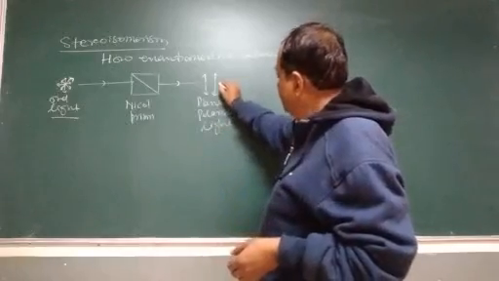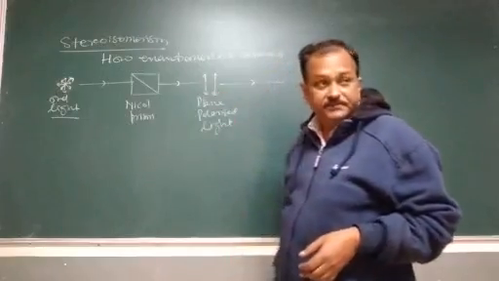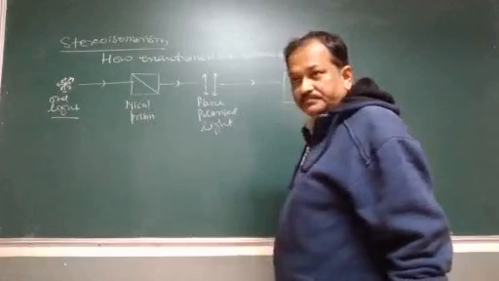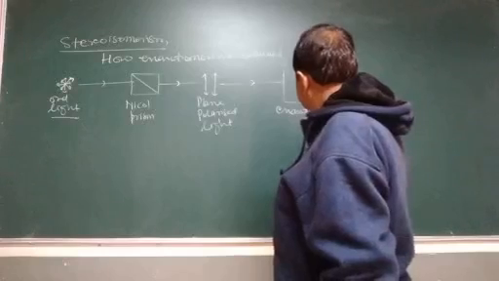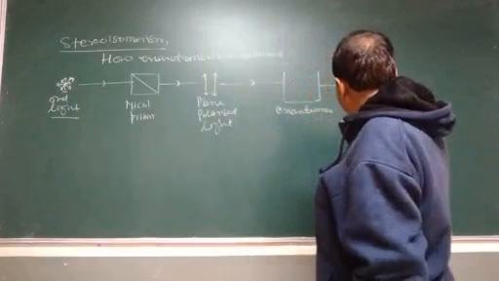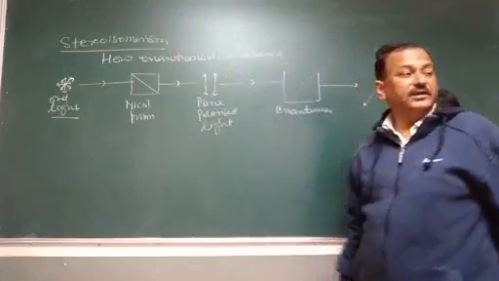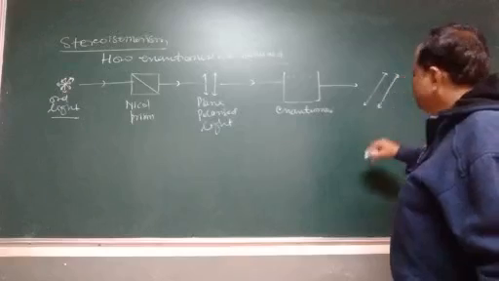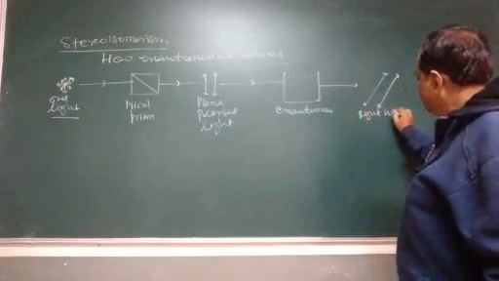Now when we pass the plane polarized light through an enantiomer, in one case, this vibration will be rotated to the right hand.